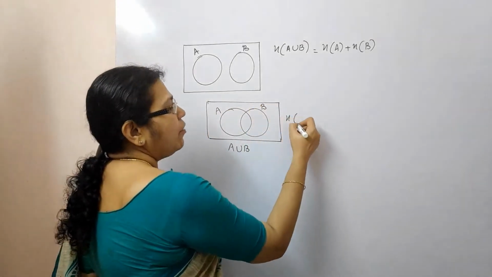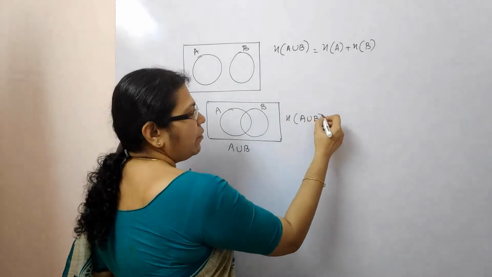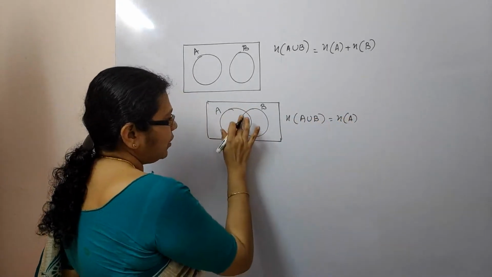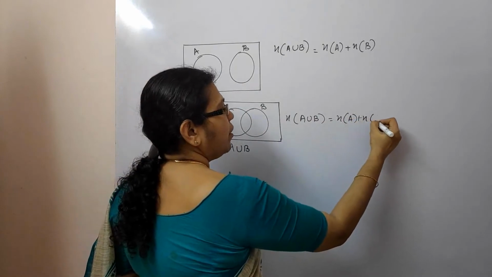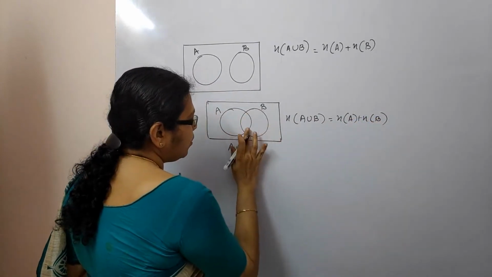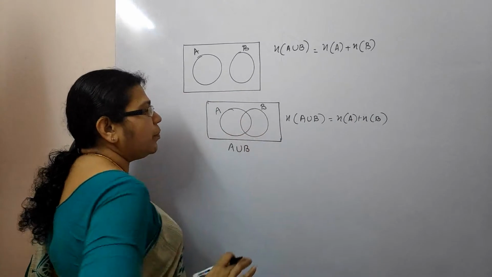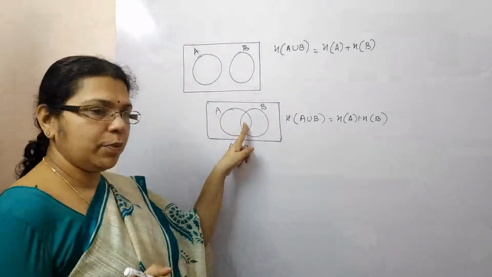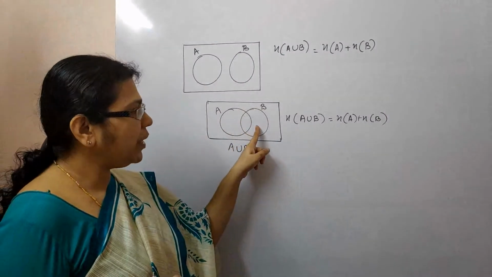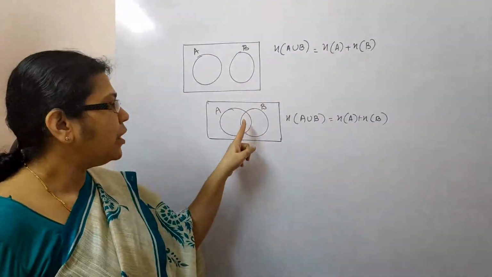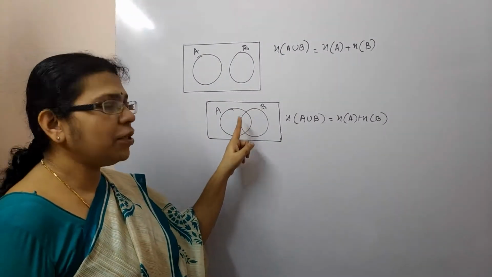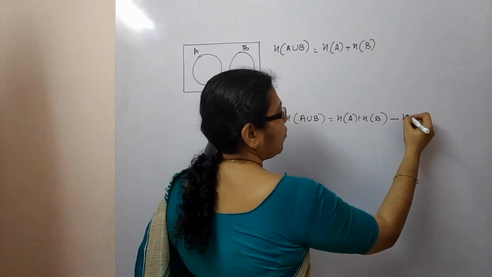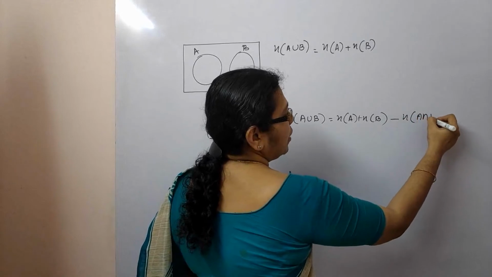So n(A union B), how will I write that? n(A), that means this whole thing, plus n(B), that means this whole thing, so that this common portion I have taken twice. While I was taking n(A), I took this portion. While I took n(B), I took this common portion. That means this common intersection is taken twice, so I need to subtract n(A intersection B).